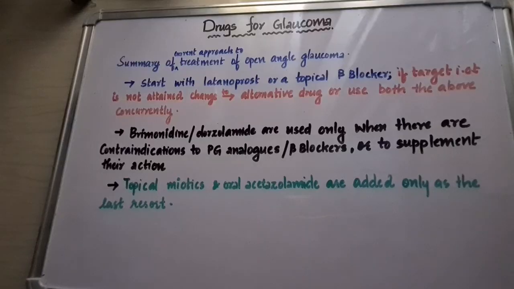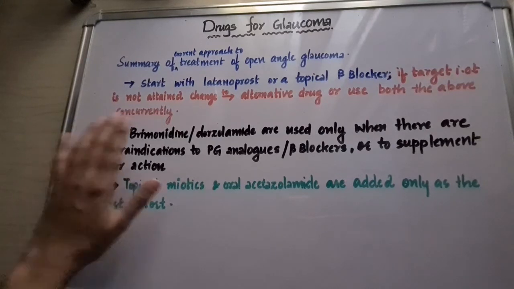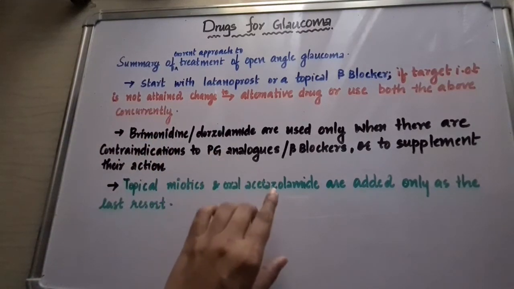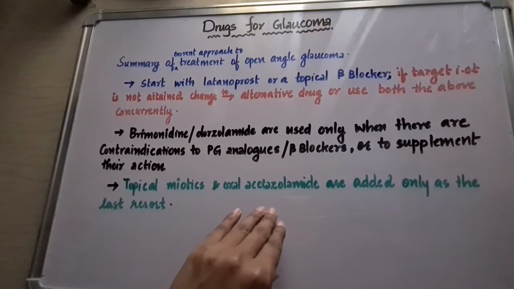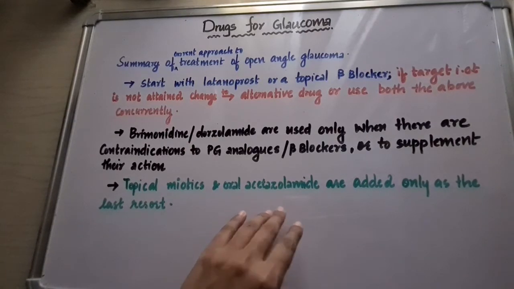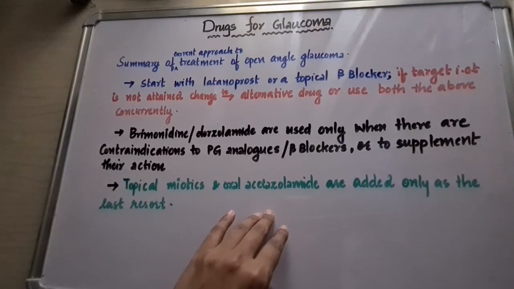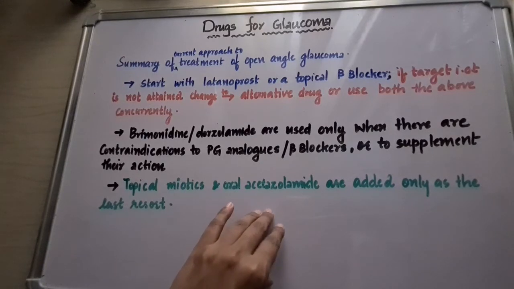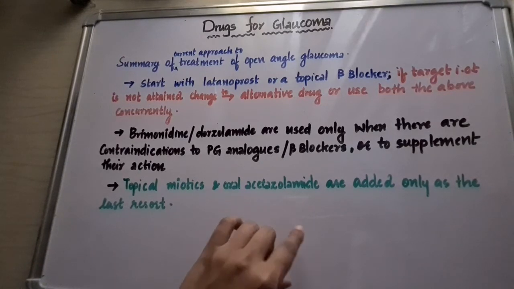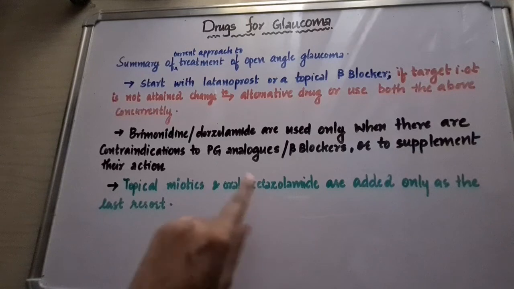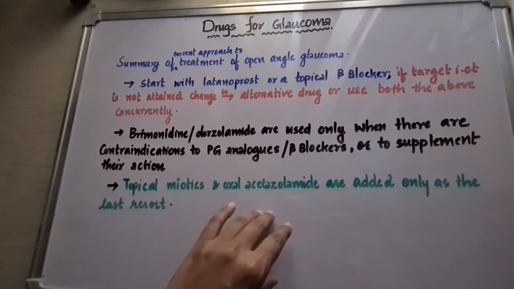Now let us see the summary of the current approach to treatment of open angle glaucoma. Therapy starts with latanoprost or a topical beta blocker. If we are unable to attain the target intraocular tension, then we either change over to the alternative drug or use both latanoprost and a topical beta blocker concurrently.